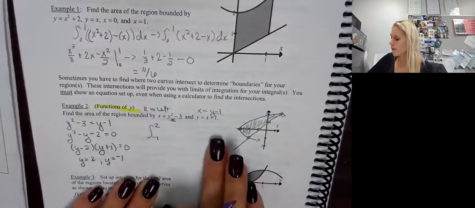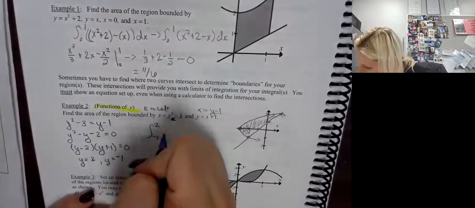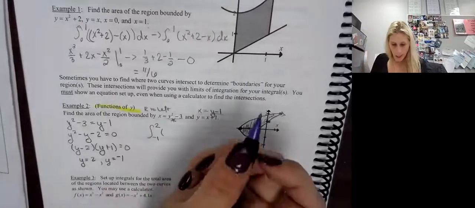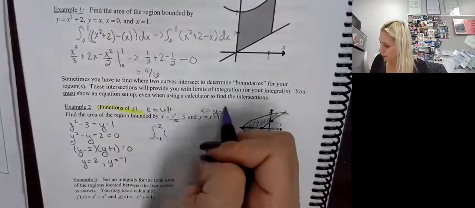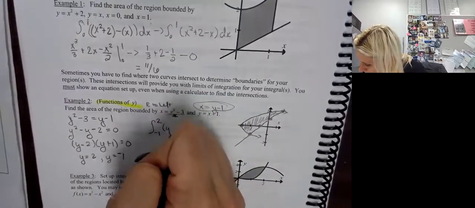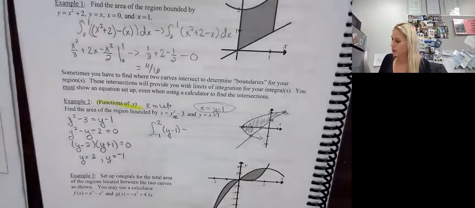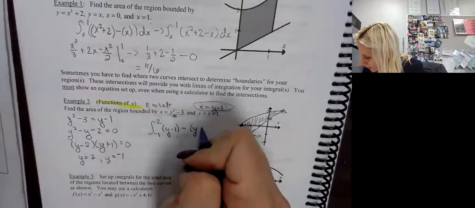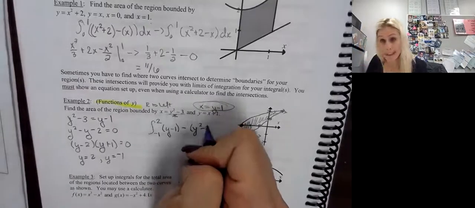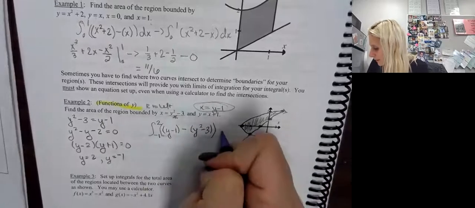So if I look, what function is on the right side? The linear function. So I have, and of course, since I'm in terms of y, guys, I have to use that one. So y minus 1 minus our function that's to the left, which is y squared minus 3. See why I put those parentheses in there? And then, of course, this is dy.